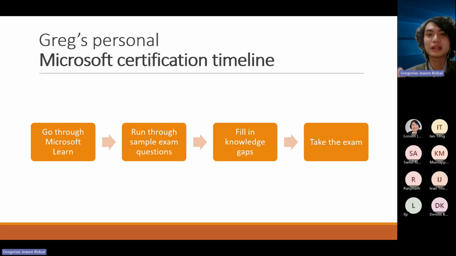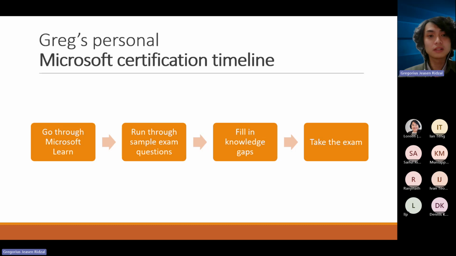You have to run through the sample exam questions because you want to be familiar with its formatting. You want to be familiar with the contents they are testing you on, because Microsoft Learn isn't actually one-to-one with what they're testing you on inside these exams. That's why the step on filling in the knowledge gaps is actually very important. I couldn't stress it more, right? And after that, only then do you take the exam.